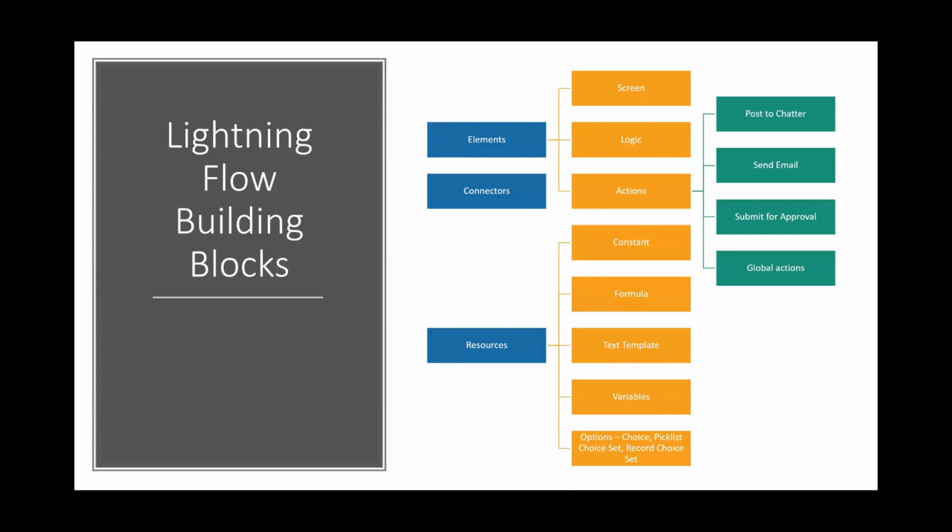You can manually key in what options you want to show, and those can be used within the choice type of options. So these are some of the resources that can be used. Now I know it is mind-boggling and overwhelming. It looks like information overload, but just hang on a bit. We will definitely see some of these elements, connectors, and resources in action, right?